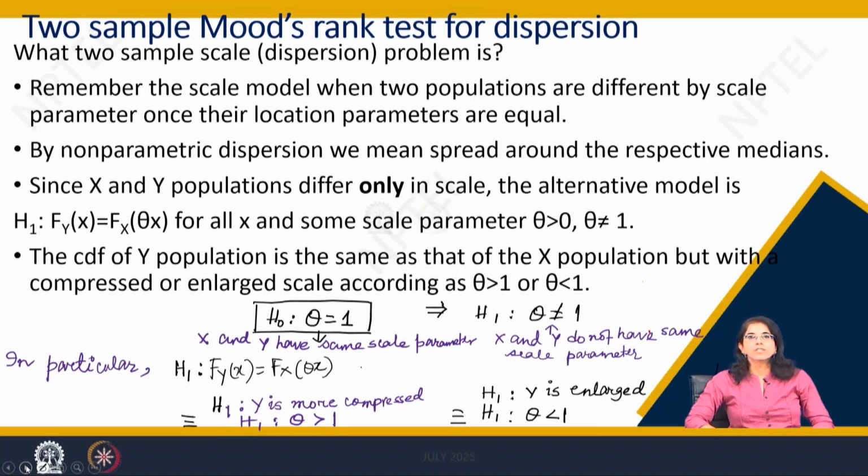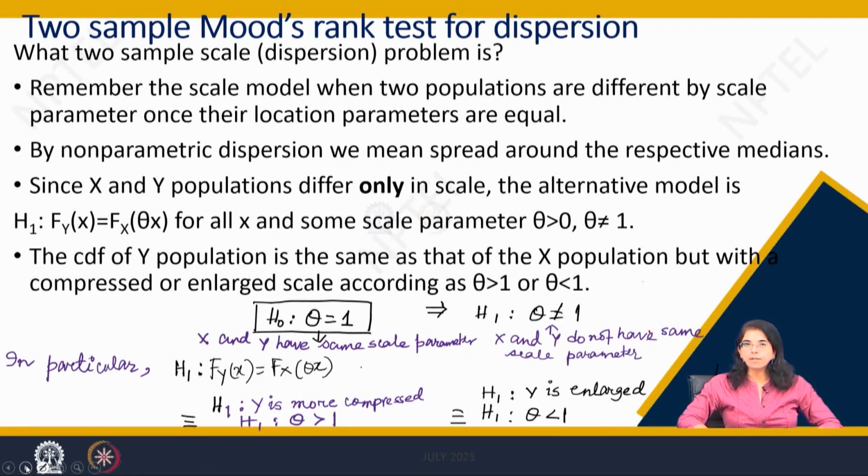So what is the two sample scale problem? Remember the scale model, when two populations are different by scale parameter, once their location parameters are equal. That's a very essential point. That is, subject to the condition that their location parameters are the same, you are checking whether the two populations are different by their scale parameter. By non-parametric dispersion, we mean scale, the spread, the scatteredness around the respective medians.